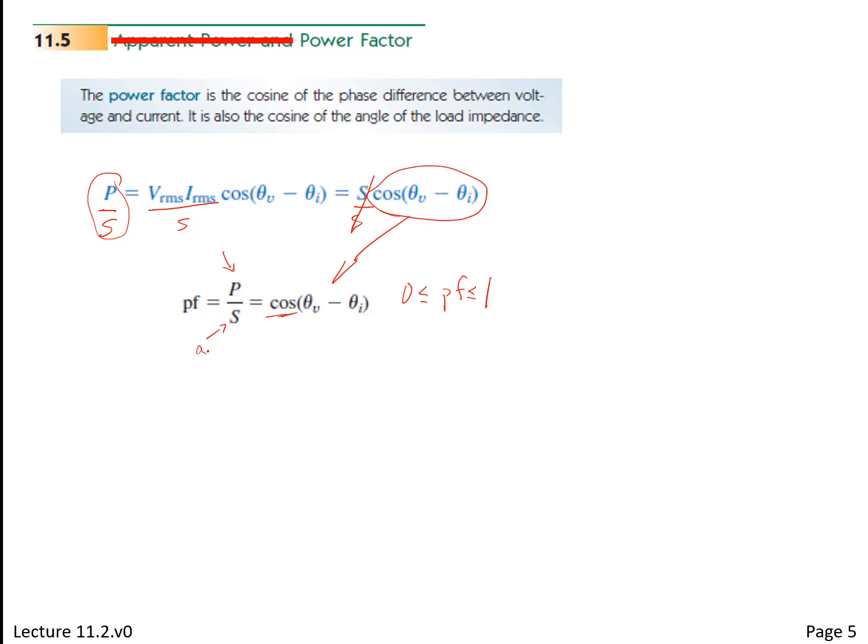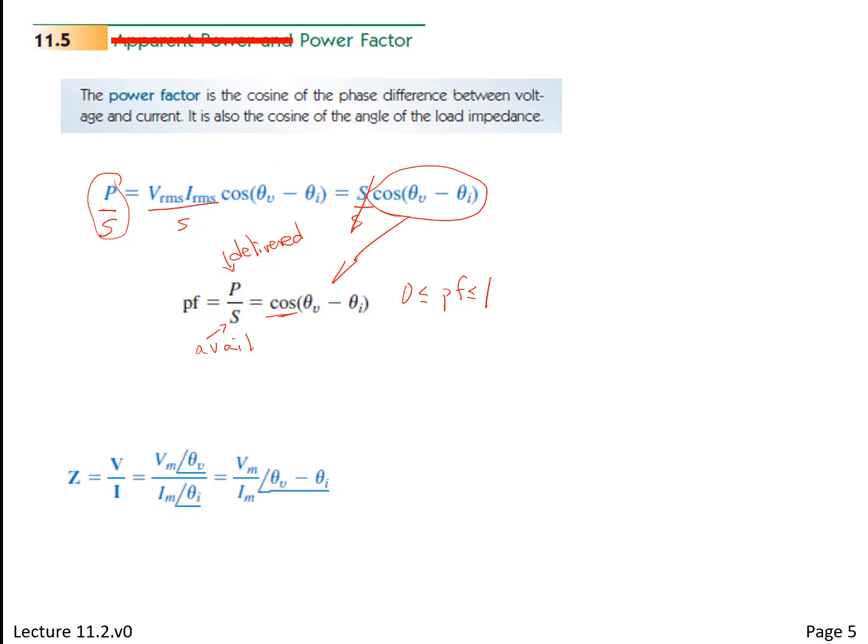So this is available, and this is delivered. You're never going to deliver more than you have to give, but what you want to do is deliver as much as you have to give. That's what's going on with power factor. That's why we even have it.